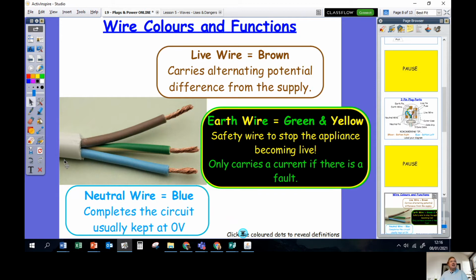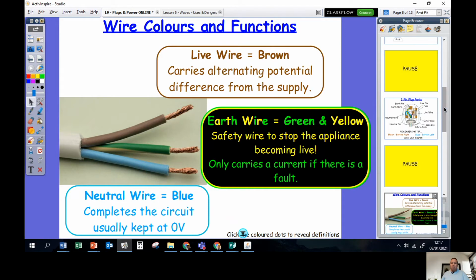And then we've got the yellow and green earth wire, which is the safety wire. It would stop anything that's plugged in to the mains from becoming live or giving you an electric shock. Normally, it doesn't carry any electric current down it. It would only carry current if there is a fault and it's carrying the current away from the device that's plugged in. So those are 3 wires.